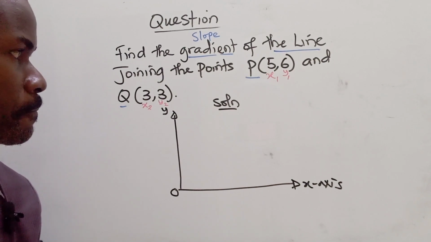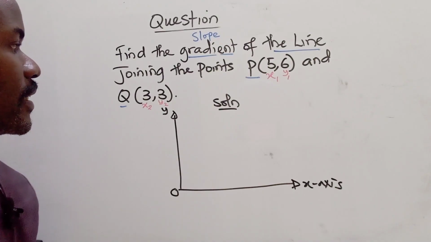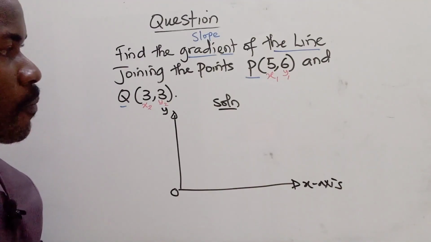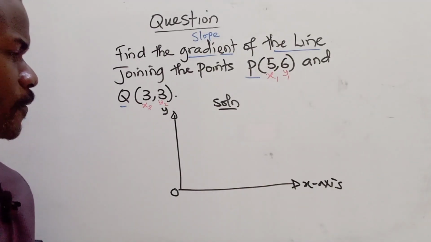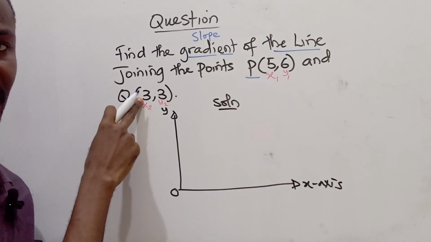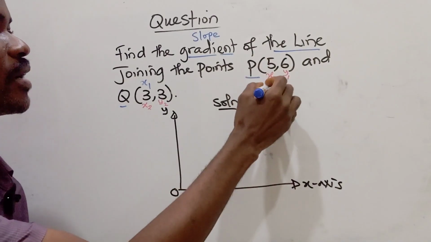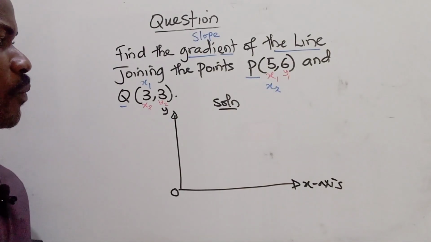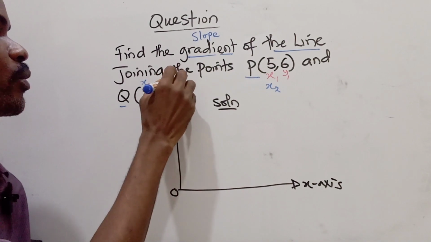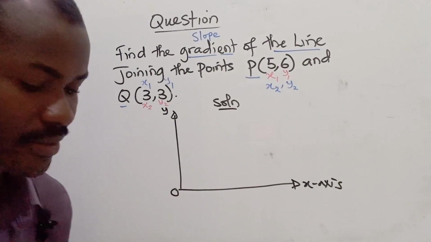I have my x1 as 5 and my x2 as 3. But we can also represent it this way: since 3 is a smaller number, we can call this our x1 and this one our x2. And since 3 here is a smaller number, we can also call this our y1 and this our y2. Now either way is fine.